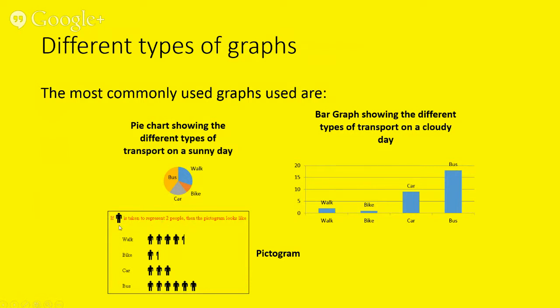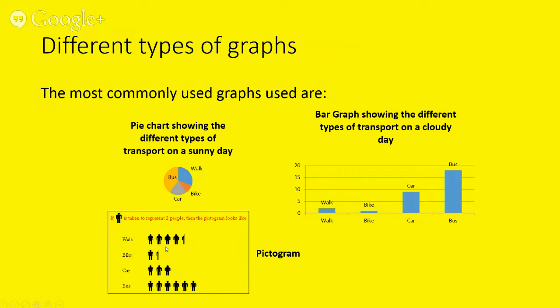In this one here, the one man is taken to represent 2 people. Based on the information that you've got there, over here on bike it would be 3 people, because it's 2 for the one man and there's half a man there, so that will be 1. 2 and 1 will give you 3.